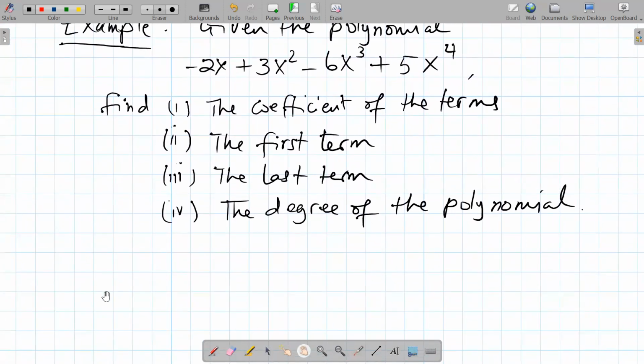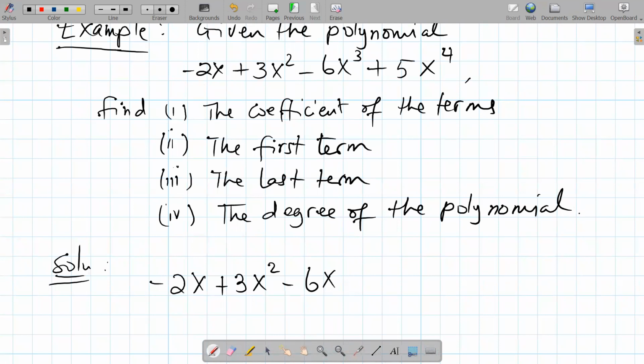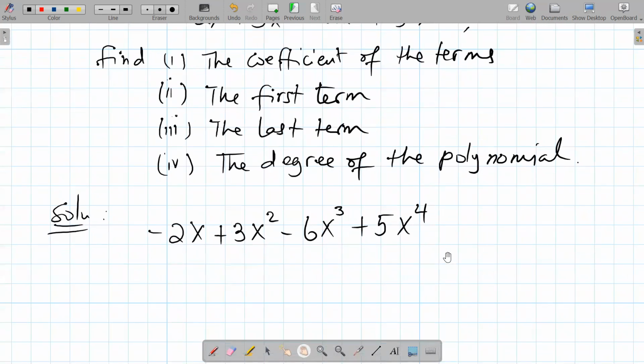So let's look at this example carefully. I have negative 2x plus 3x squared minus 6x^3 plus 5x^4. Now, normally a polynomial will not be given like this.